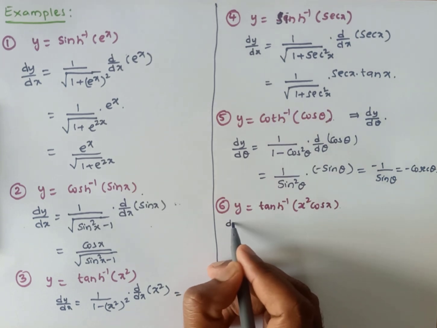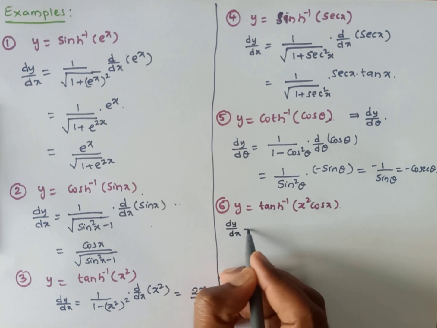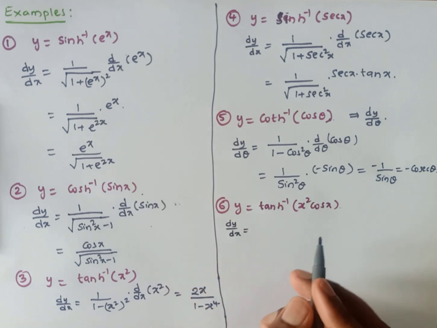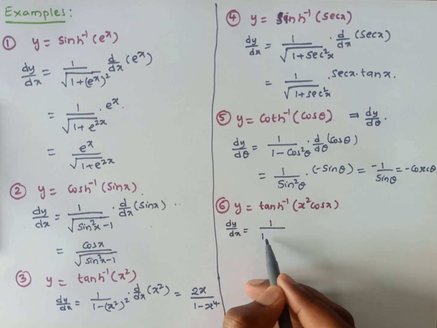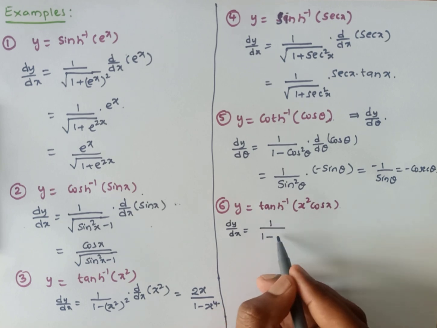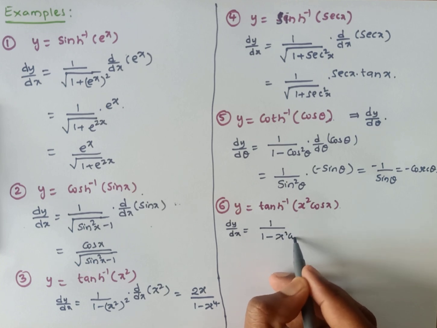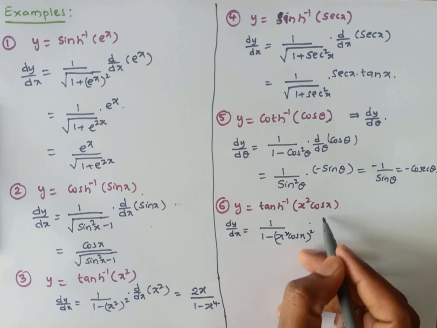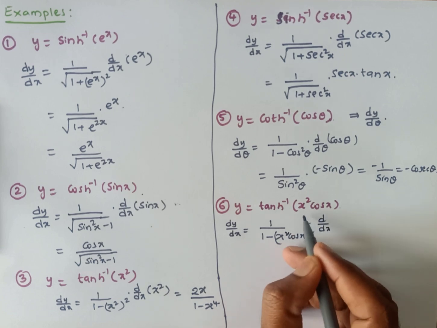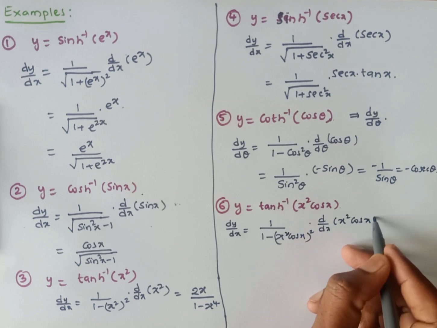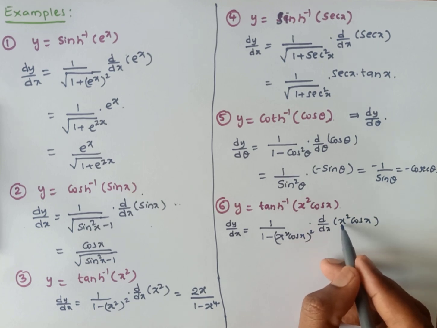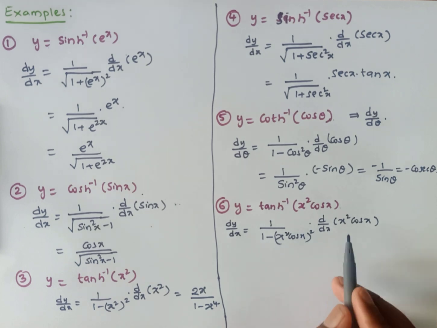First the derivative of tanh inverse, which is 1 divided by 1 minus x square, where x square is now (x square into cos x) whole square, into the derivative of only the inner function, x square into cos x. The inner function has an algebraic function and a trigonometric function, so here we need to apply the product rule, u into v.